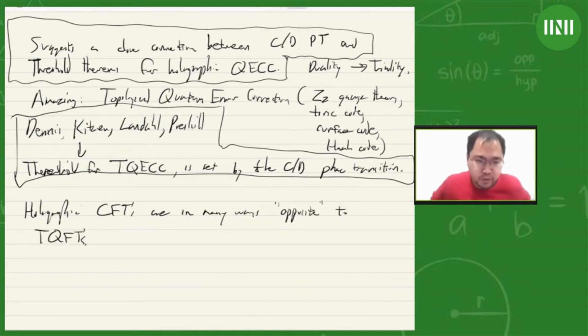In some sense, you can think about a line, like a path through theory space, where TQFTs live on one end of the path and holographic CFTs live on the other end or close to the other end of the path. And now at both ends, we find there's a connection between confinement and deconfinement. I won't draw a double-sided arrow because that's too suggestive, but there's a connection between confinement, deconfinement, and threshold theorems.